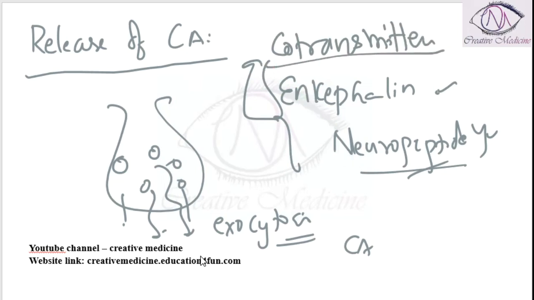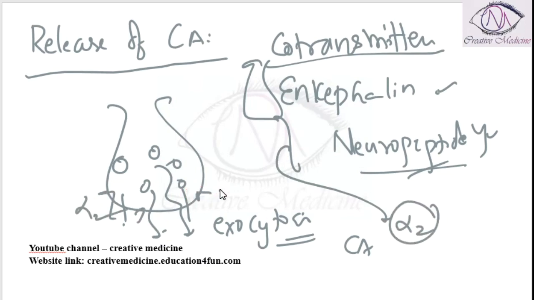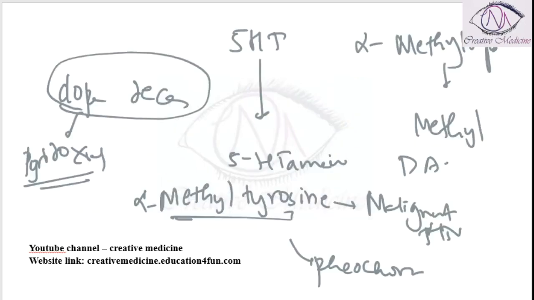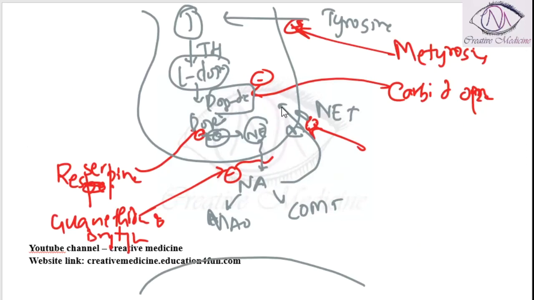The release is modulated by presynaptic receptors, especially alpha 2, which are present in the presynaptic terminal. Once the catecholamines are released into the synapse, some of them will undergo reuptake by the norepinephrine transporter. This norepinephrine transporter is present in the neuronal membrane, and it will transport noradrenaline by a sodium coupled mechanism.